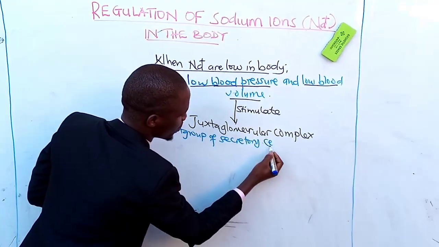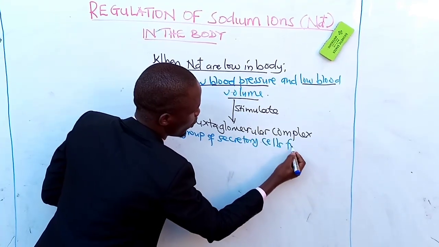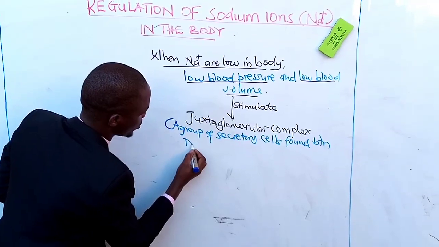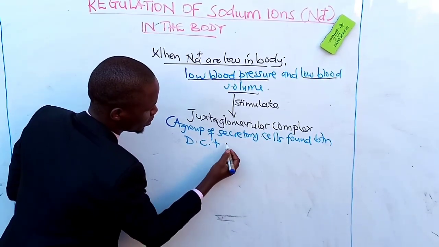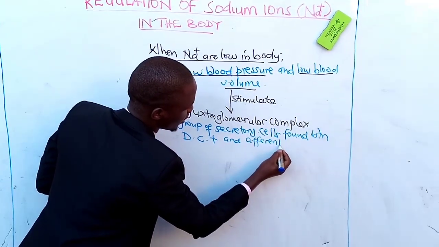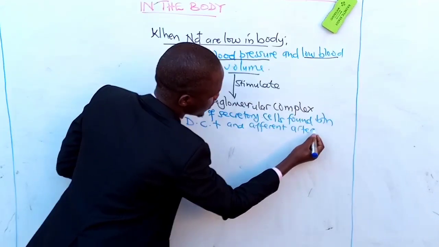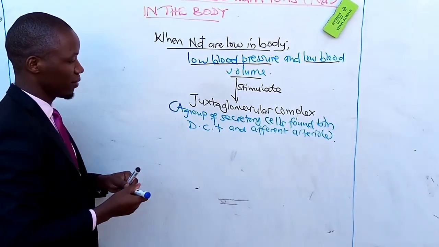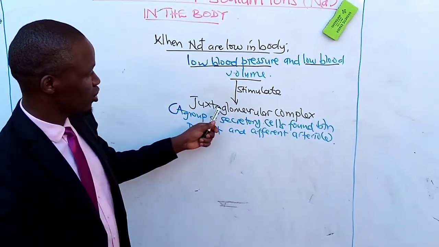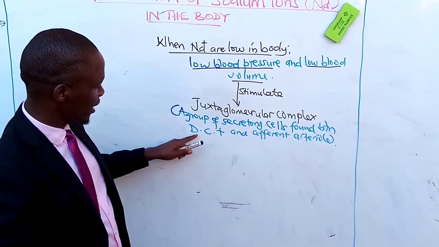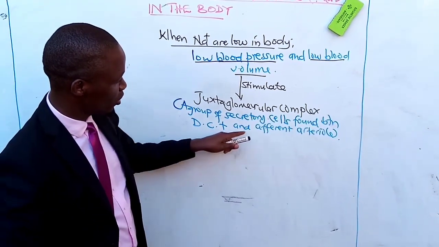This is a group of secretory cells found between the distal convoluted tubule and the afferent arteriole. For those who know the structure of the kidney, I know very well that you know what you mean when you say distal convoluted tubule and afferent arteriole.